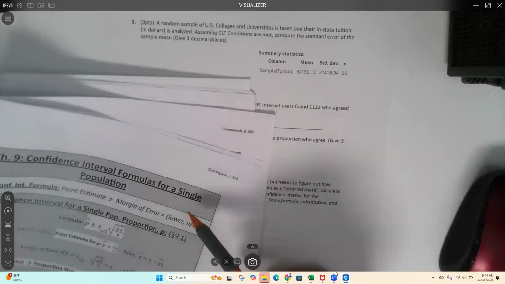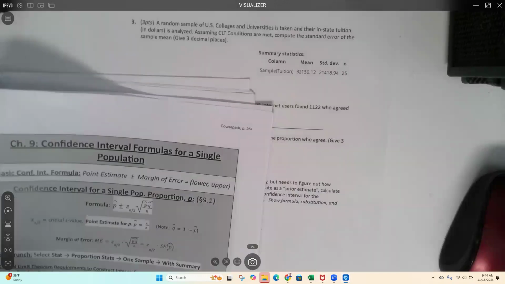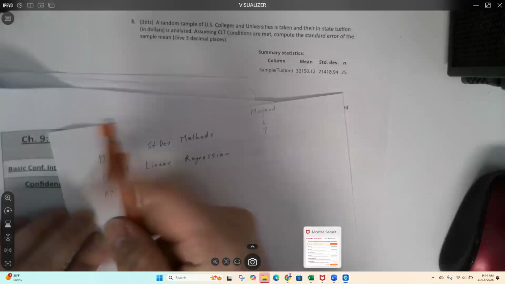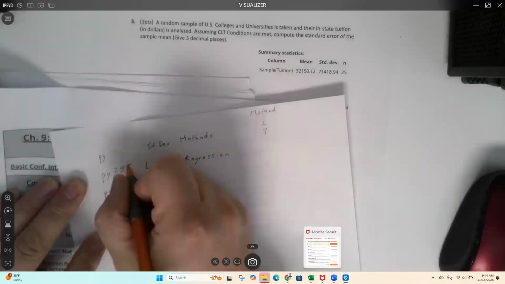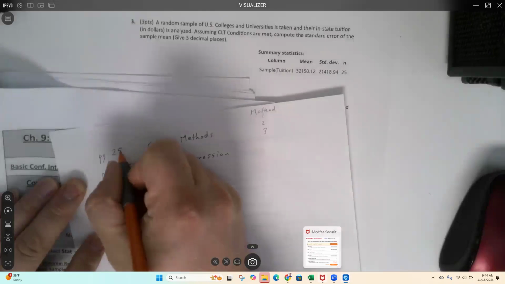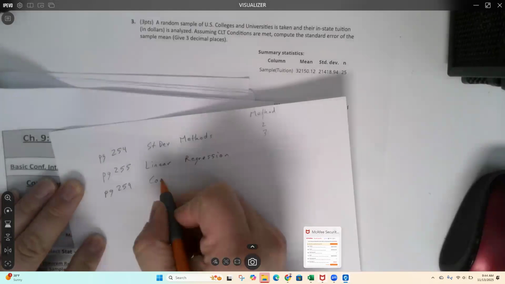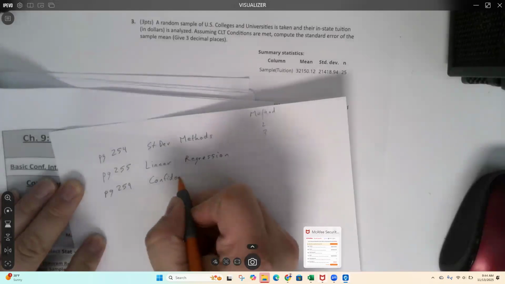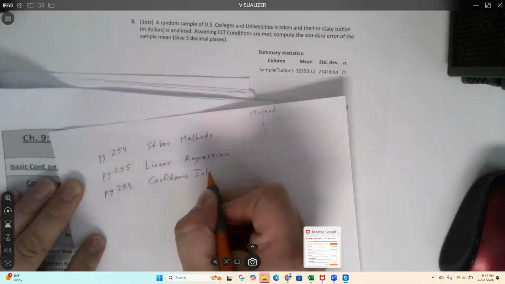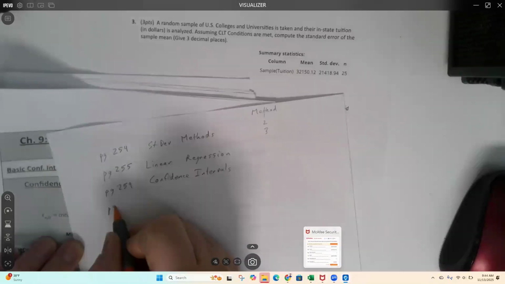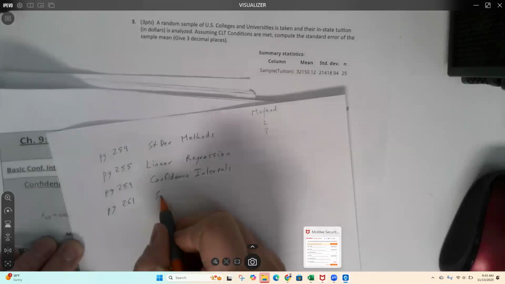This one is for confidence intervals. Oh, wait, no, this is not right. This is page 255. This is page 254. Page 259 is confidence intervals. Page 261 is the sample size formula.